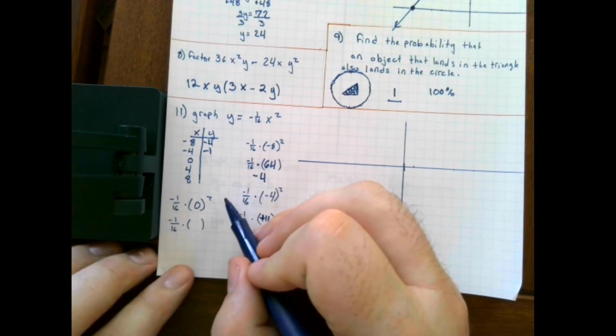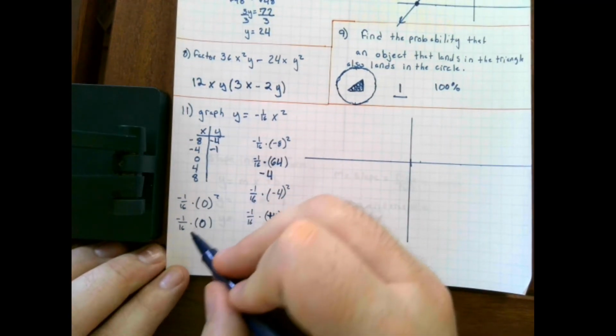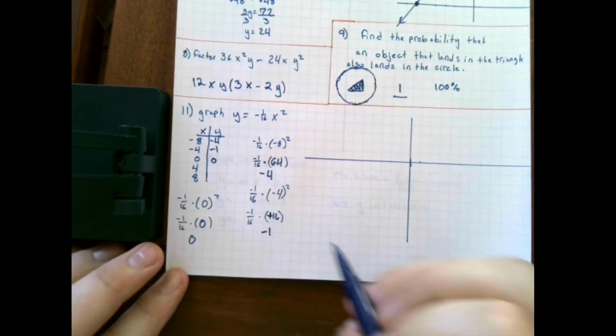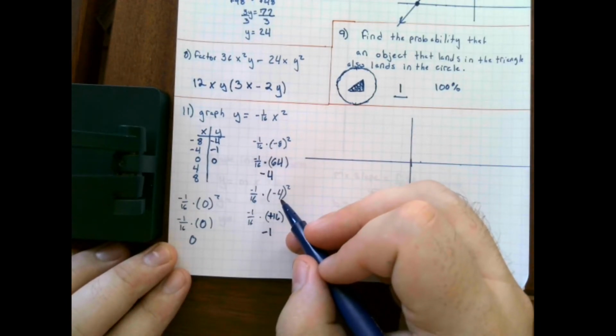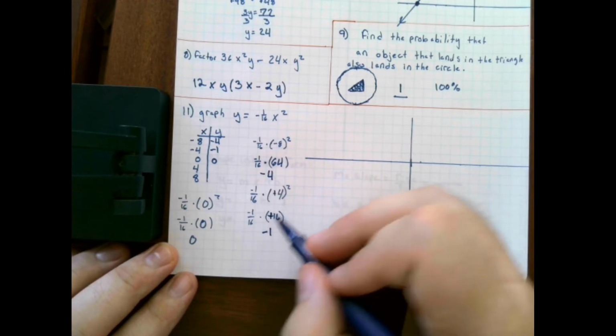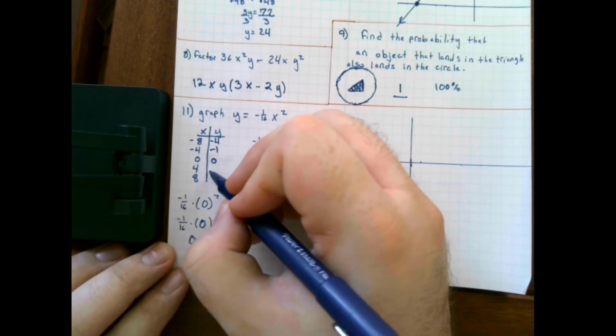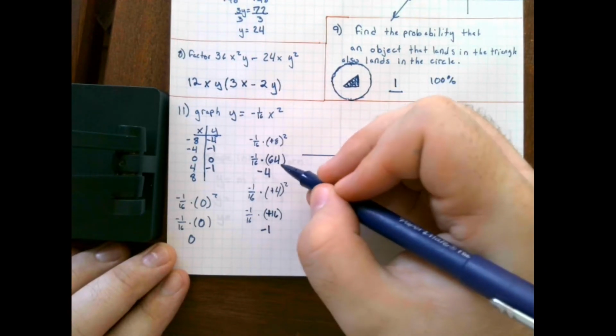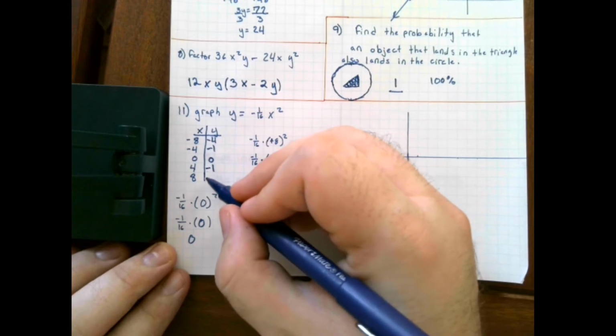If I have 0 squared, 0 times 0 is 0, and negative 1/16 times 0 is 0. Now, if I have 4 instead of negative 4, it will still be 16 and negative 1. And if I had positive 8, it would still be positive 64 and negative 4.